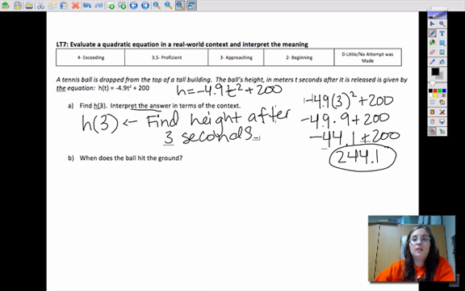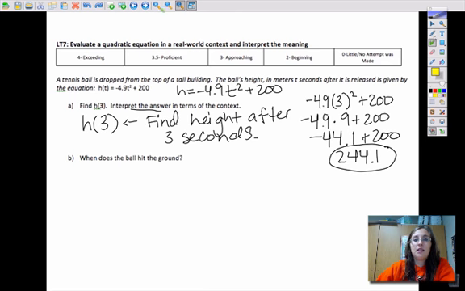So this is exactly what I want you to do when you're doing this problem. I had several people get this answer, but that's because you forgot that this was a negative number. And how I knew I did it wrong right away was that I can see that this was the y-intercept. So I knew that the ball started at a height of 200 already. So it shouldn't be higher than where it started because it wasn't thrown off the top of a building, it was dropped off the top of a building.